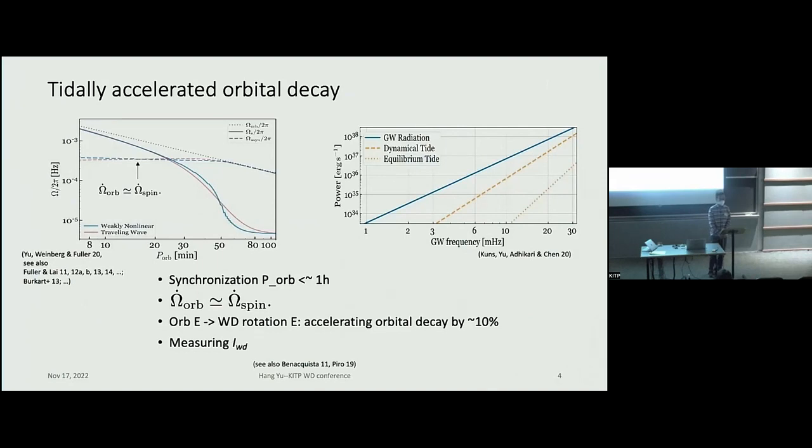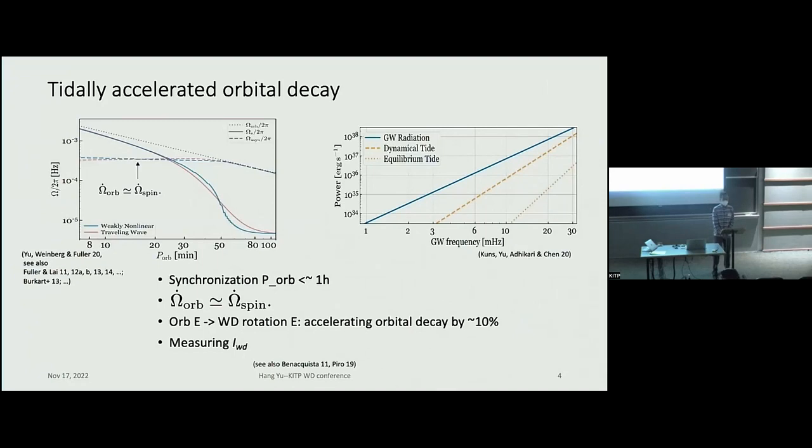So we can check whether the difference between f double dot and f dot, after removing the GW contribution, is consistent with this power law predicted by tidal synchronization. That's probably one thing. And then for white dwarfs, we have some rough idea about their moment of inertia, so it shouldn't be so far off. Okay, thanks.